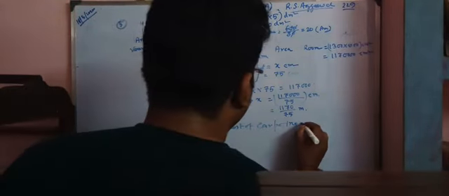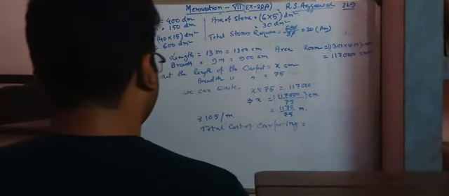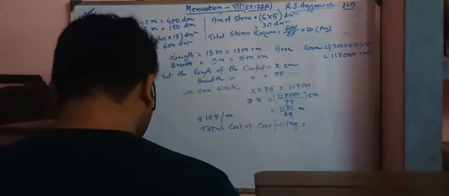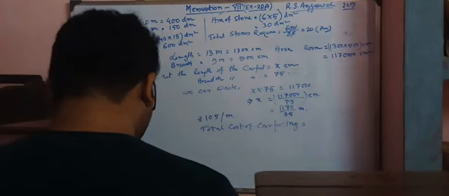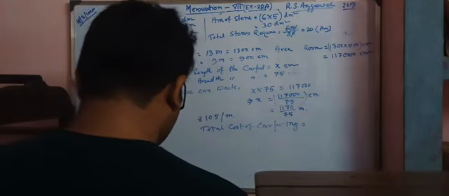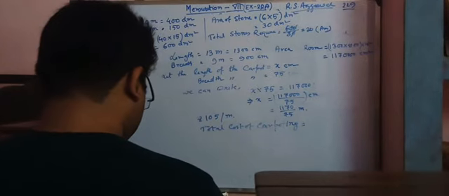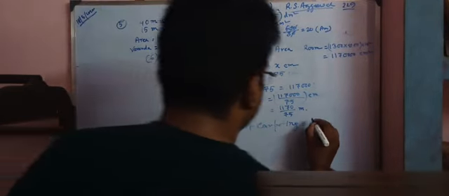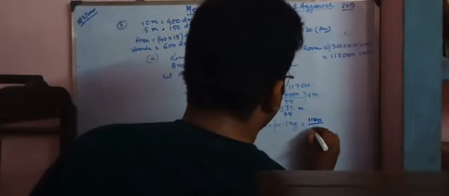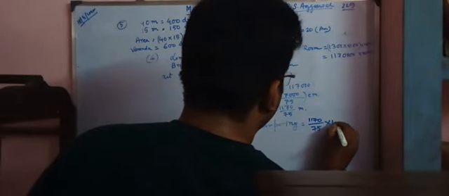This multiplied by 105. That means 11700 by 75 into 105.